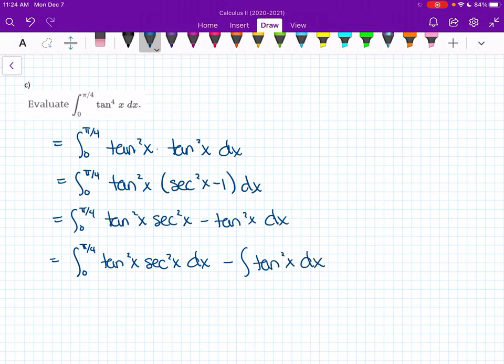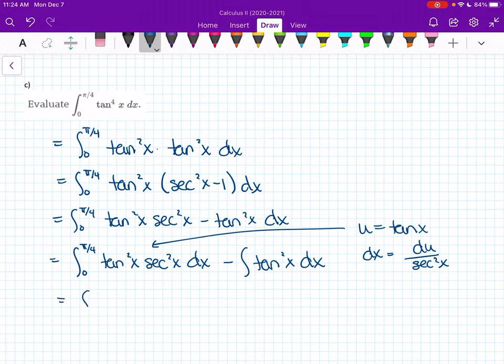And then for the first integral, we're going to let u equal tan x. So then the derivative of tangent is secant squared, so dx would be du over sec²x. So that's going to cancel. So then this one is really the integral from x = 0 to x = π/4 of u² du after things cancel.